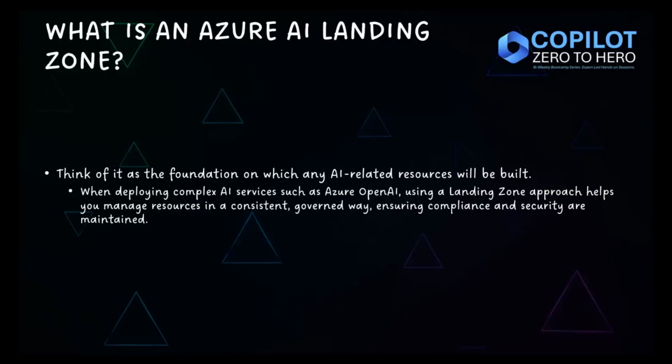So just very shortly, what is an Azure AI landing zone? The definition that I got is, think of it as a foundation on which any AI-related resources will be built. So when deploying complex AI services such as Azure OpenAI, using a landing zone helps you manage the resources in a consistent, governed way, and it also ensures compliance and security are maintained.